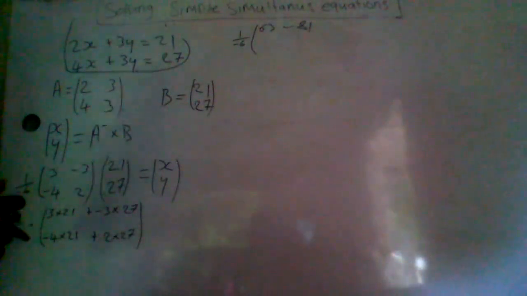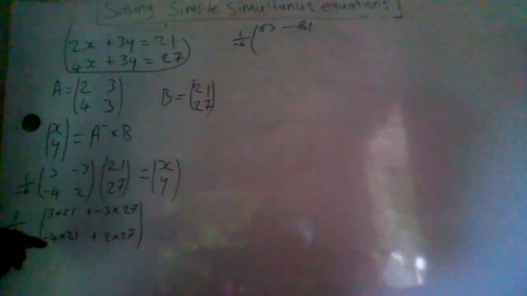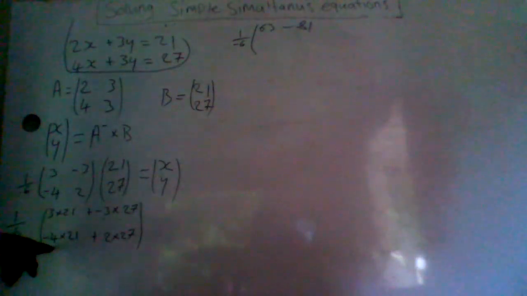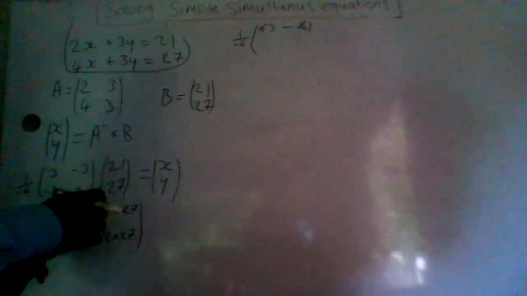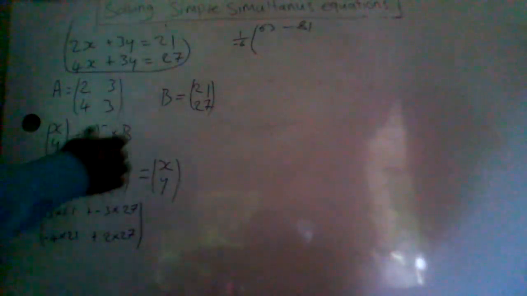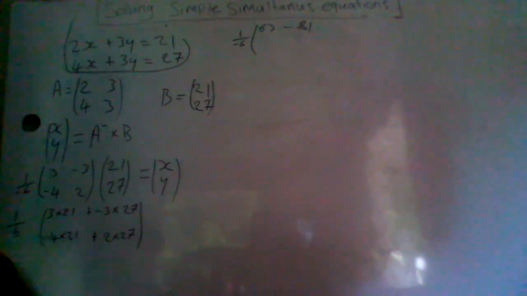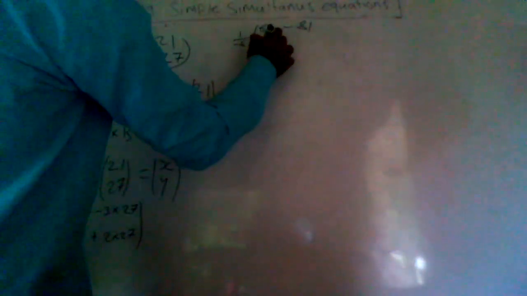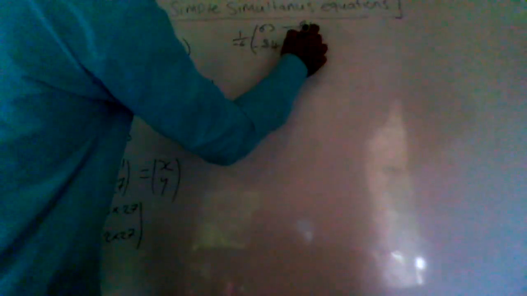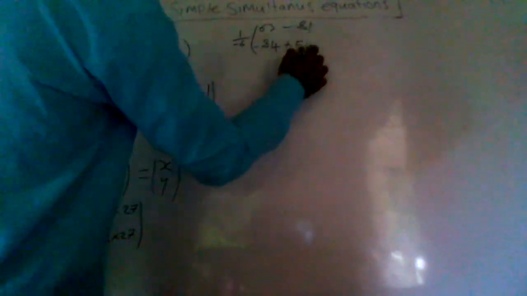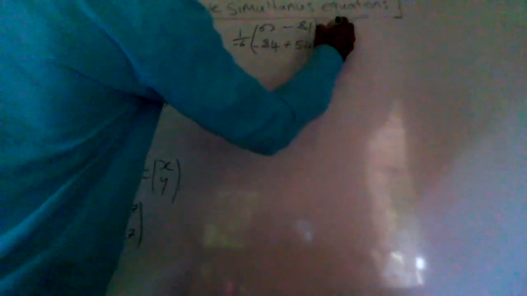And then we'll have row 2, column 1 now. Row 2, column 1 will have negative 4 times 21 would be negative 84. And 2 times 27 would be 54. And that will be equal to xy.